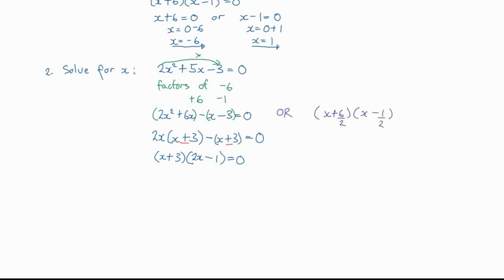Now we can see that this becomes x plus 6 divided by 2, and we know that's 3, so that one is simplified. But that 1 over 2 we can't simplify. So what we do on that one is bring this denominator of 2 up, and it becomes a coefficient in front of x, so we have 2x minus 1.